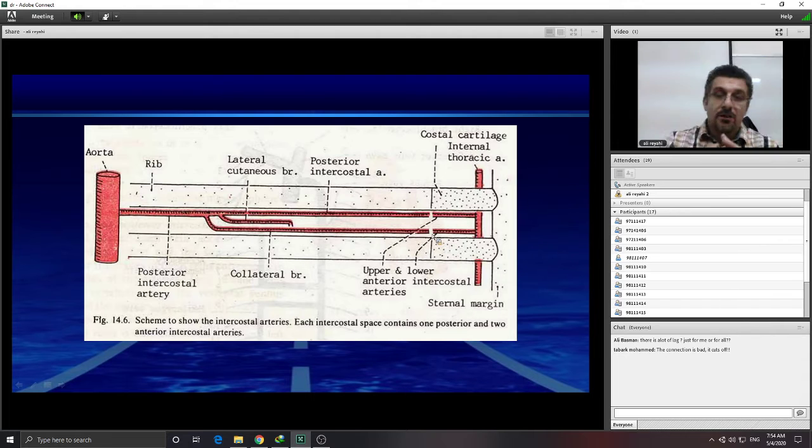But you must consider that in the lower two intercostal spaces, I mean intercostal spaces number 11 and 12, we don't have any anterior intercostal arteries. Therefore, we don't have this anastomosis there.